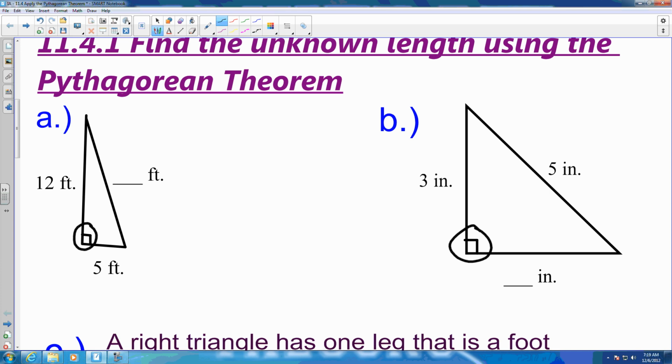And the hypotenuse is always the length that is opposite of the 90-degree angle. So for example A, our hypotenuse is unknown, and for example B, our hypotenuse is 5. So let's look at A.